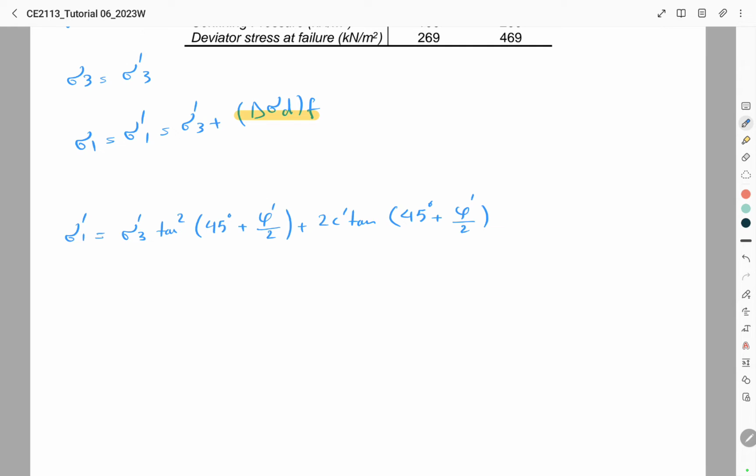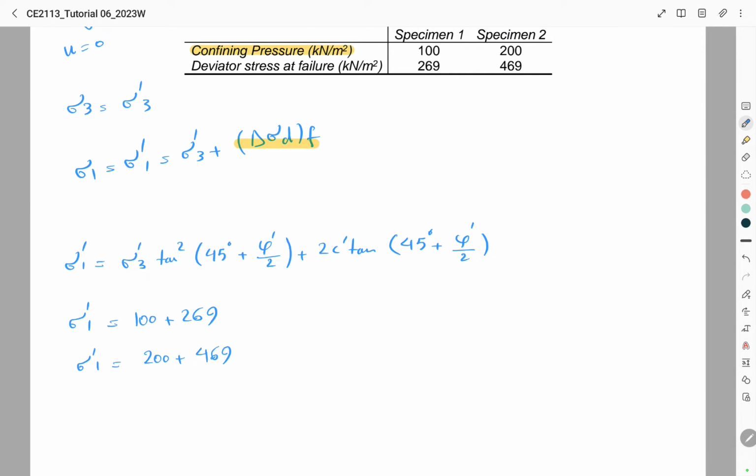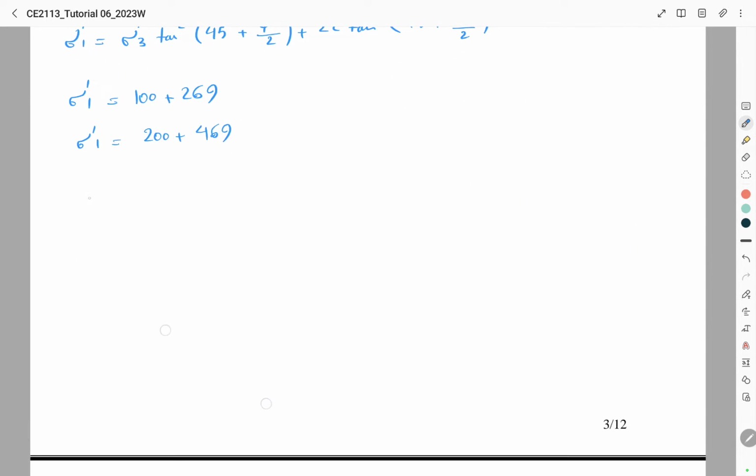So for the first specimen, we have sigma prime 1 is equal to 100 plus 269. And for the second specimen, we have sigma prime 1 is equal to 200 plus 469. Now, if we put the values of sigma prime 1 and sigma prime 3 in this equation, we will have 369 is equal to 100.